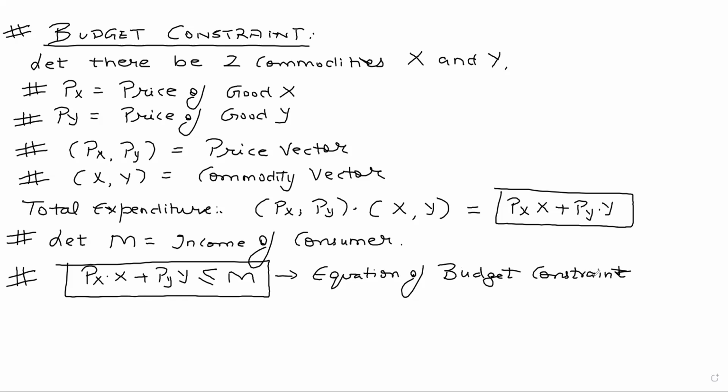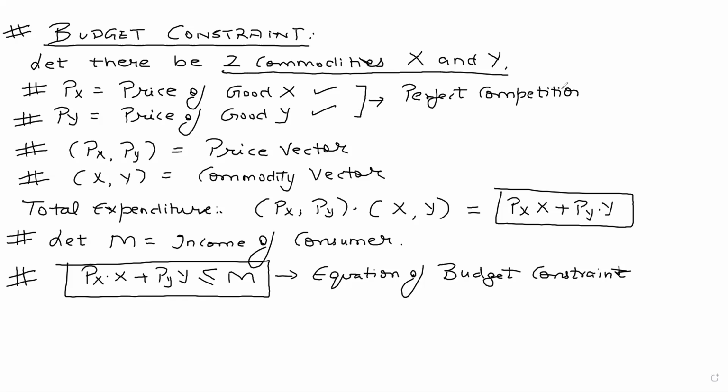So if I quickly revise it again, we are assuming two commodities X and Y in the economy. All these are vectors in R squared, which means they are vectors in two-dimensional space, the X axis and the Y axis. Px is the price of good X, Py is the price of good Y. We are assuming perfect competition, which means that both prices are fixed, because in perfect competition, price is fixed by the industry.